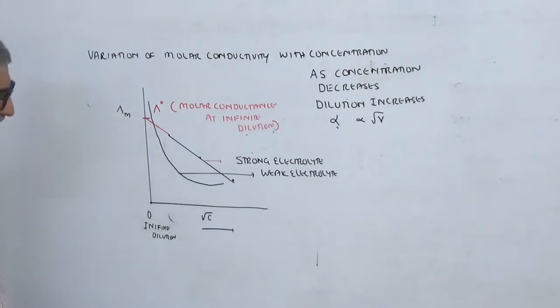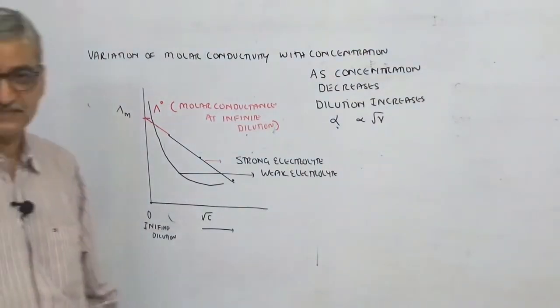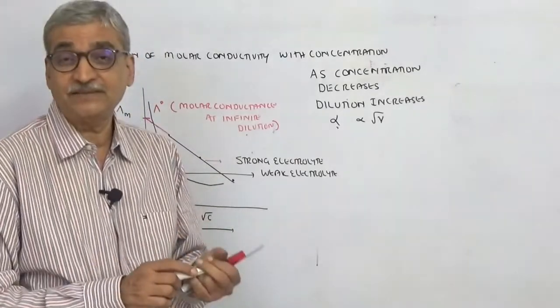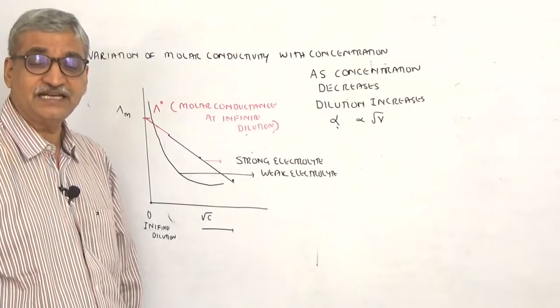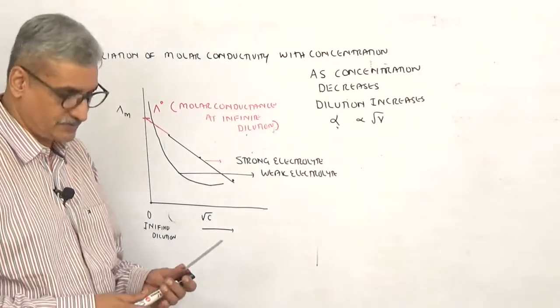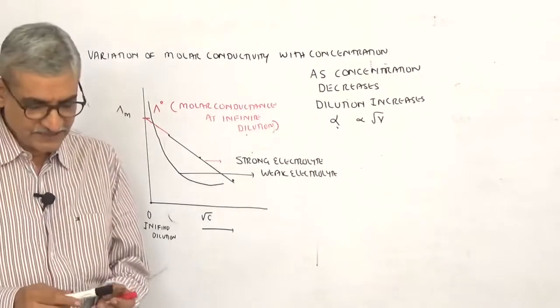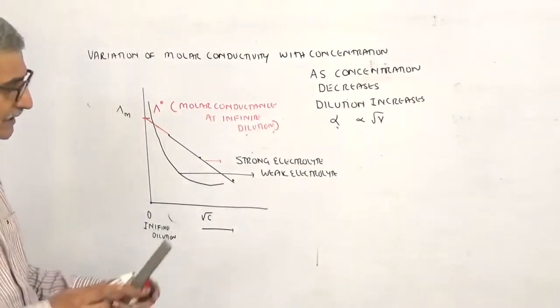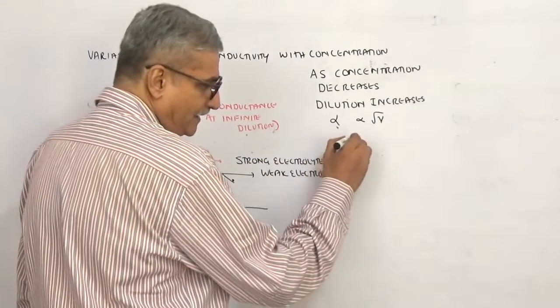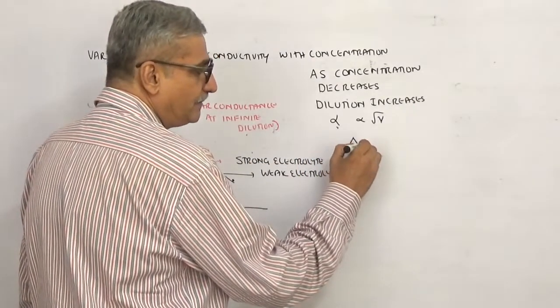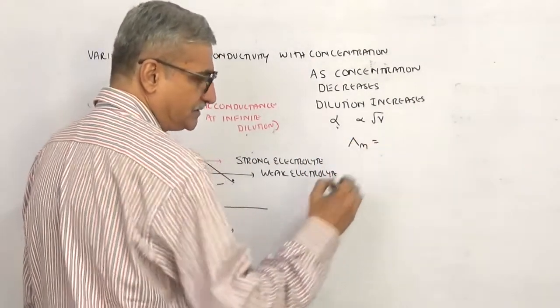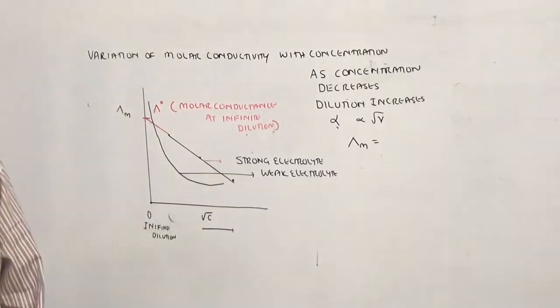See, this is a graph of the type y is equal to mx plus c. Please remember, mathematics. This is a straight line with a y-intercept. Y is equal to mx plus c. So what happens? Your y is molar conductance. What is mx?